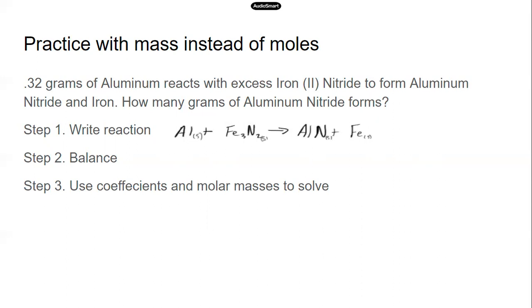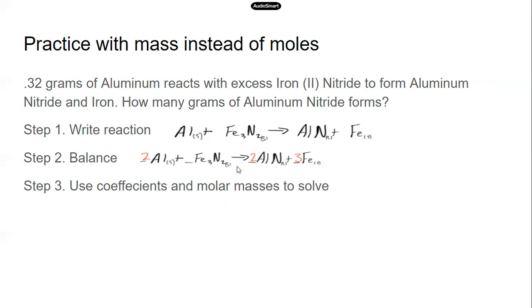After that, we need to balance it, because if you look, there's 3 Fe on this side, 1 Fe on this side, 2 nitrogen, 1 nitrogen. And then you could start out with any of them you want. I just did the aluminum first.